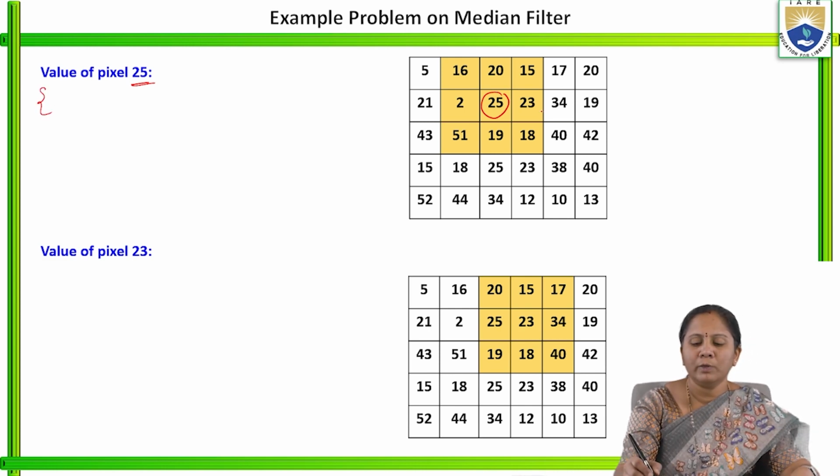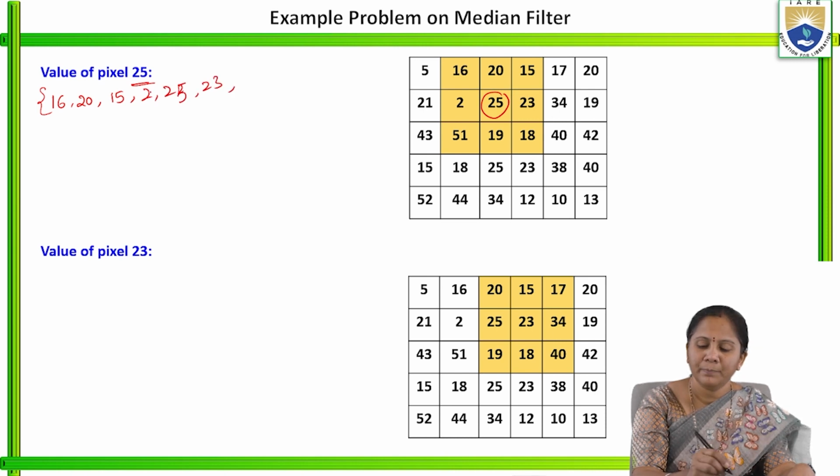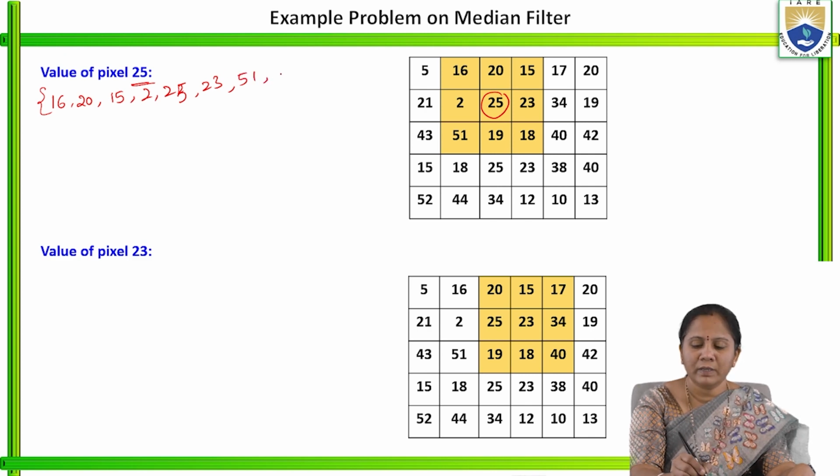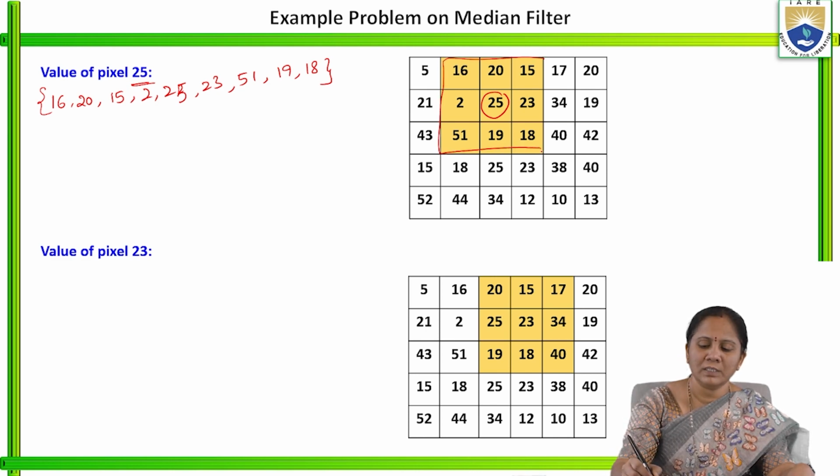What are all the neighborhood pixels in this mask? Here 16, 20, 15, 2, 25, 23 and 51, 19, 18. All these are the pixel values present in this neighborhood.